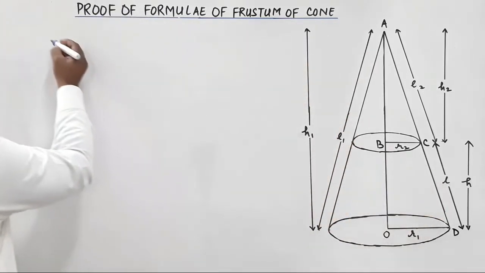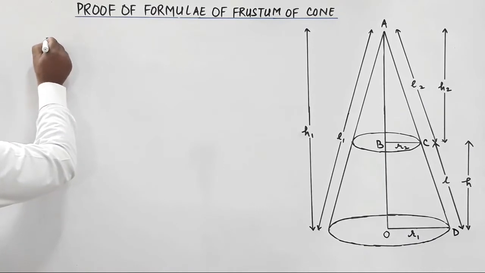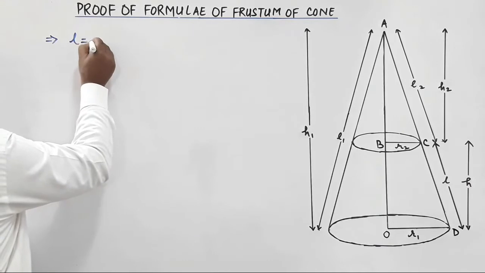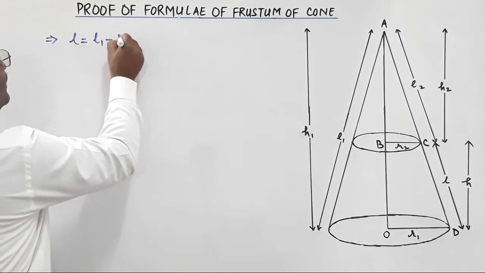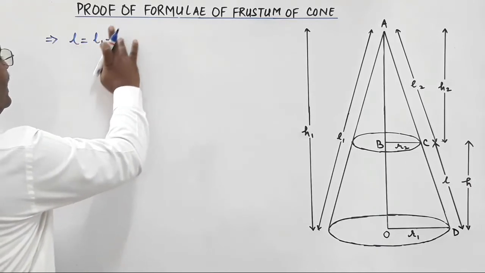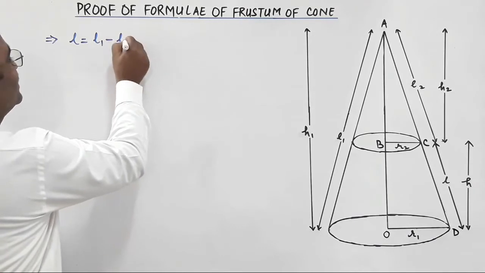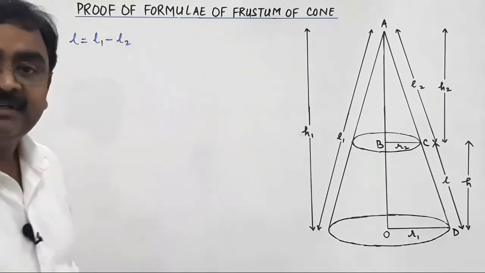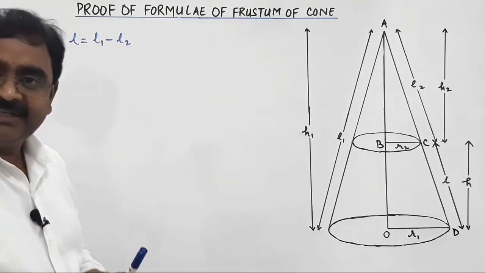So L, the slant height of the frustum, is equal to L1 minus L2, means slant height of the big cone minus slant height of the small cone, right?